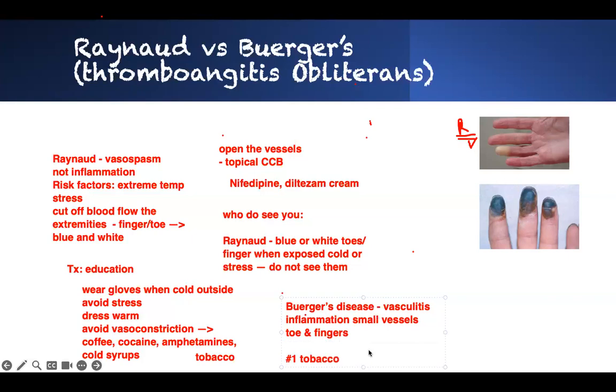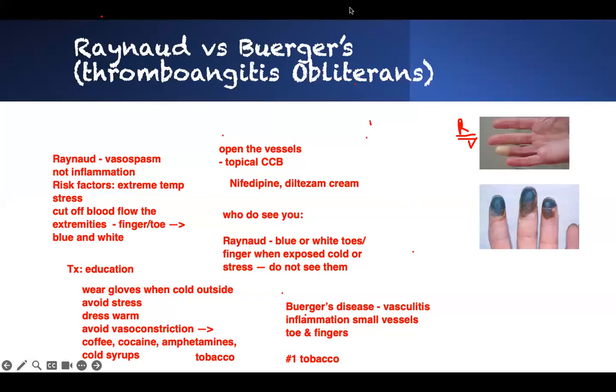And pay attention. If they're going to give you a case, the exam is going to be a classic. They're not going to give you something weird. When they describe a case, they're going to give you something specific for that disease process.